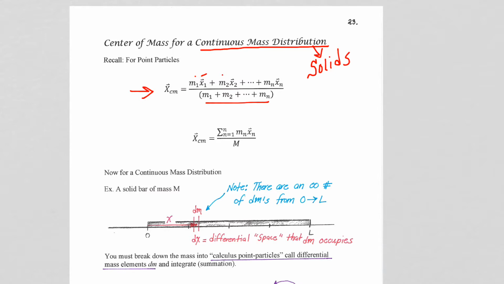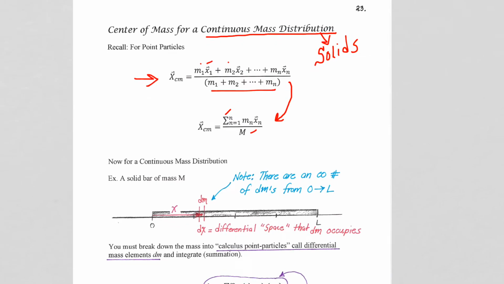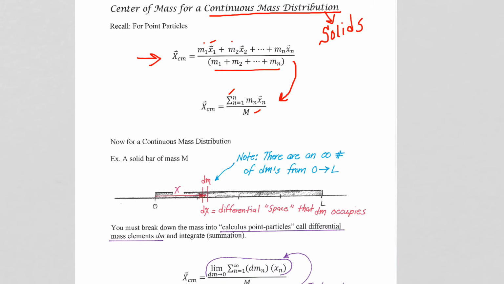Well, we have an identical calculation, just a little different notation using the summation operator sigma, where we're replacing the m1, m2 by the total mass. Now, the reason I bring this up is that we're going to use this same concept, but now update it into the calculus world.